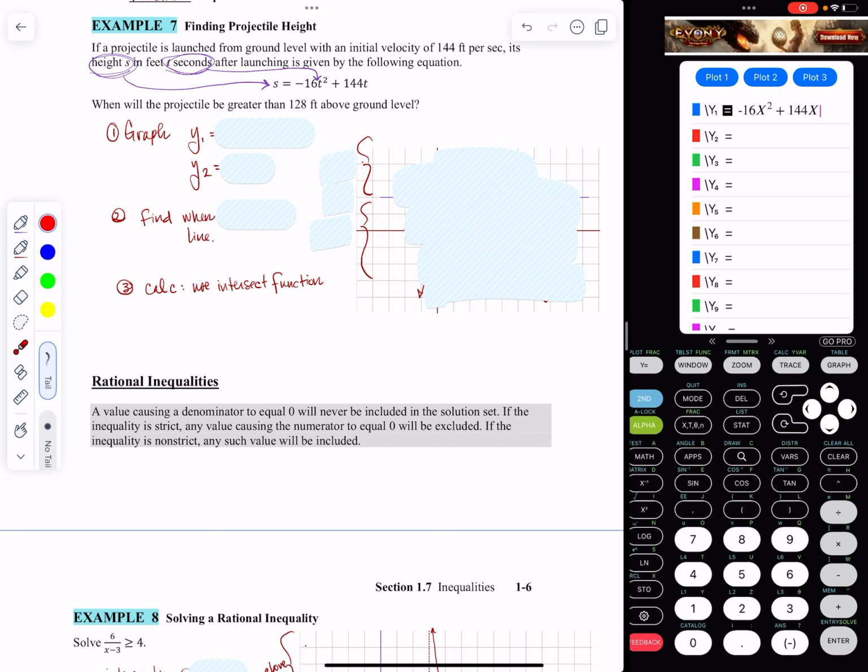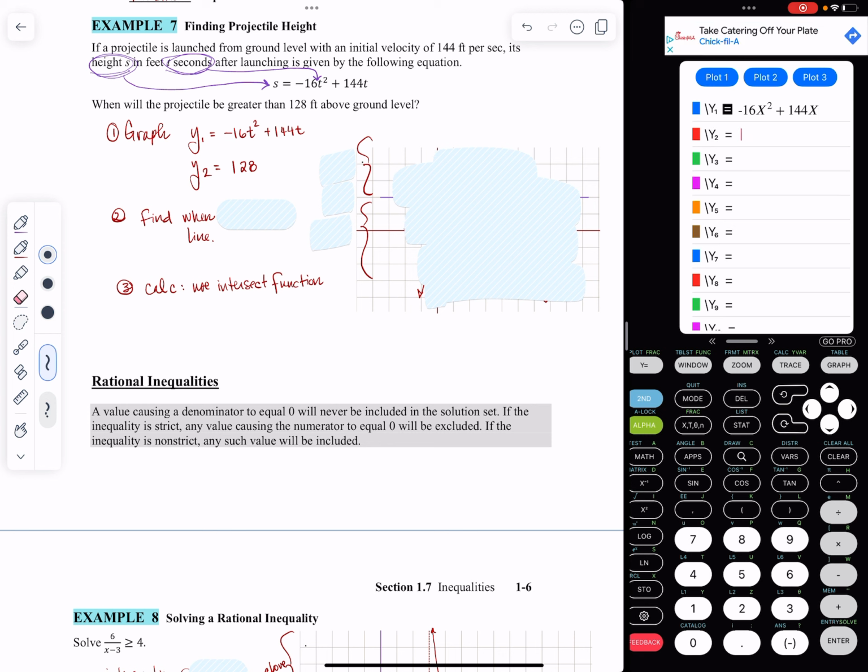And notice that before we leave this screen, we're being asked, when will the projectile be greater than 128 feet above ground level? So let's put in 128 for Y2. Go down to Y2 and put in 128. Now we will have to adjust our window a bit. We understand that my projectile is going to at least 128 feet.